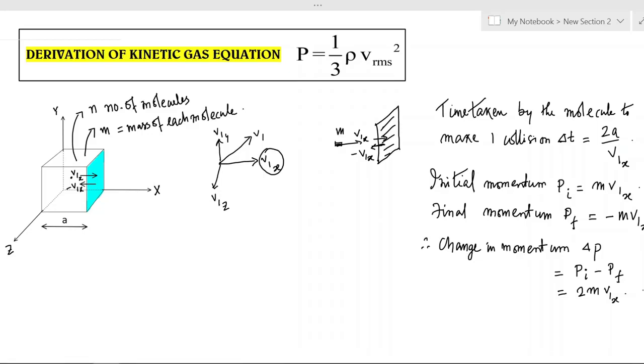You may subtract pi from pf, that will give you minus 2 m v1x. But this is the change we are taking into consideration, so we need to take the numerical value; the sign is not important here.